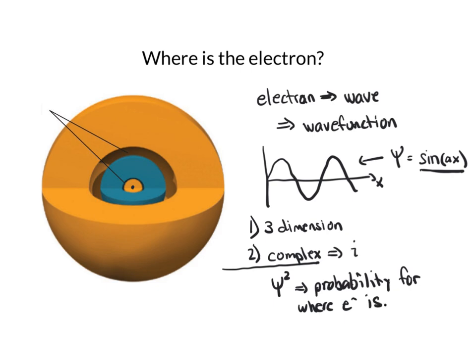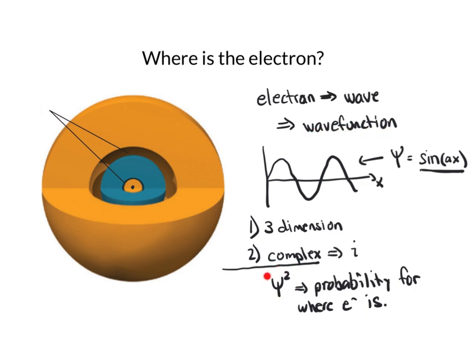So for any x, y, and z coordinate, the square of the value of the wave function at that coordinate tells us something about how probable it is that the electron would be at that position. When we square a complex number, we always get a real number, and so this probability will always be a real number.